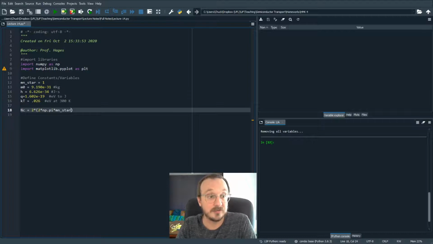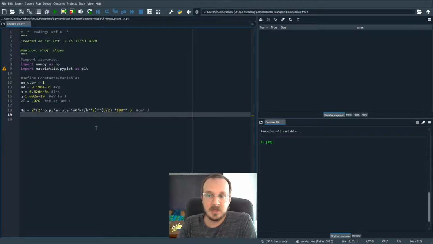Now this is the relative effective mass, so we're going to do m star times m naught. This gives us the effective mass times KT divided by h squared, and all of this to the 3/2. This will be in SI units, so in meters. So we're going to multiply by 100 to the minus 3 to give us units of centimeters to the minus 3.